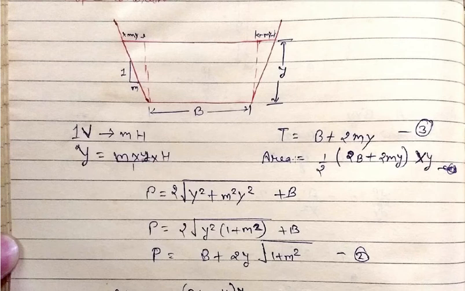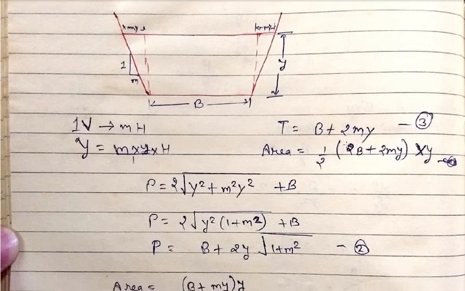So here is the area, and this is the top width, b plus 2 m y. And the perimeter is this side slope, which is equal to root of y square plus m square y square into 2. So here this is side slope, and plus b, this is perimeter.